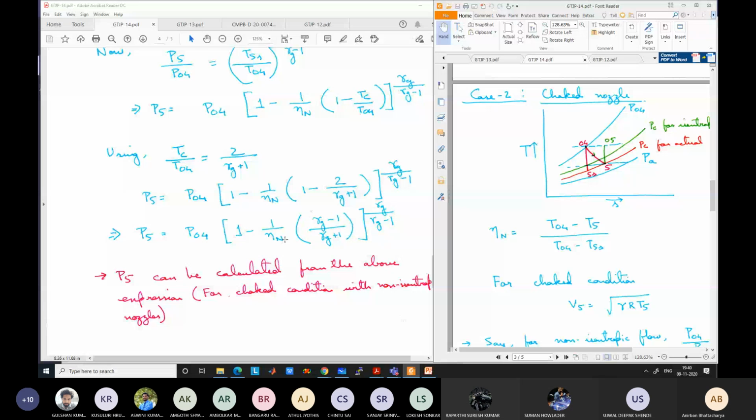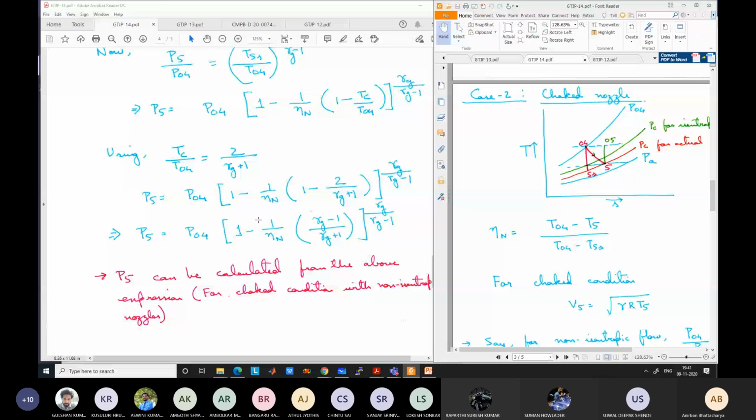So nozzle efficiency equal to 1 means, for the isentropic process, this becomes equal to 1 minus 1 by 1, so 1 minus (gamma g minus 1 by gamma g plus 1). So you take it to the other side, gamma g plus 1 minus gamma g plus 1, and you will be left with 2 by gamma g plus 1. Correct.